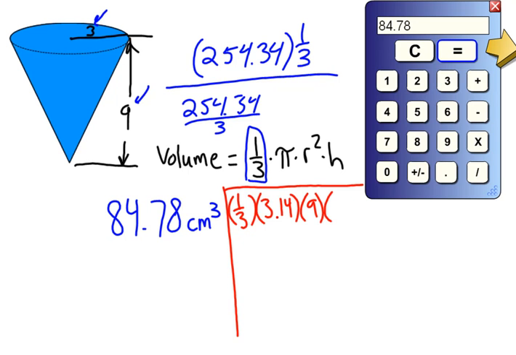And then we do the height, which we know is 9, and we multiply all that out, and I'm running out of time here. So first I'm going to take the 1 divided by 3, and that gives me that. So then I multiply that by 3.14, and I multiply that by the 9, and I multiply that by the 9, and I get 84.78, which is good.